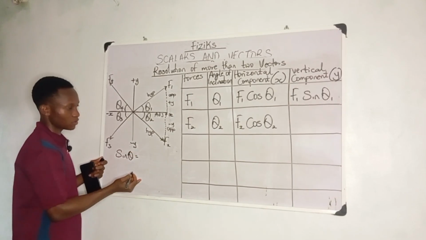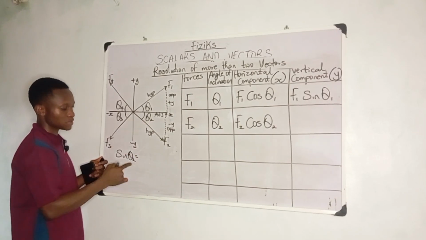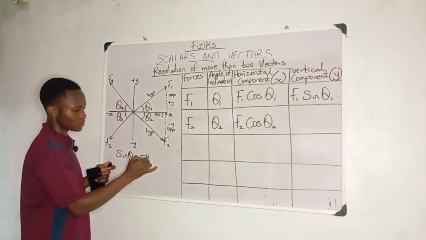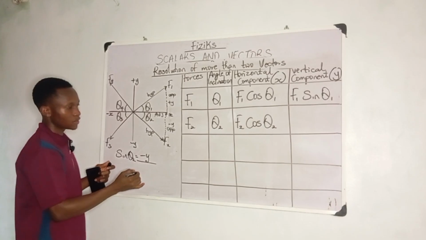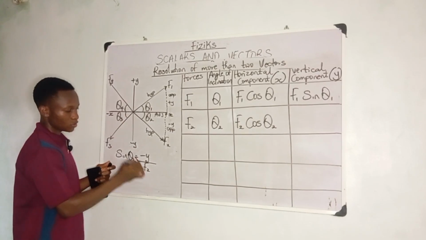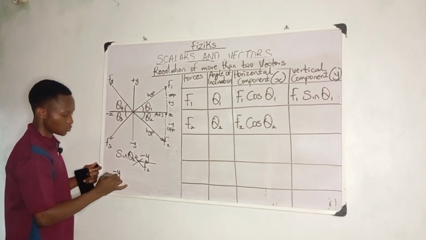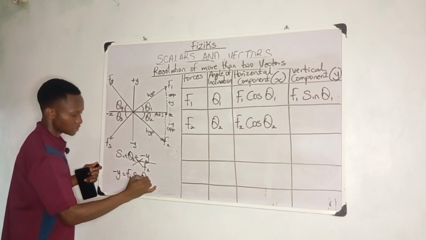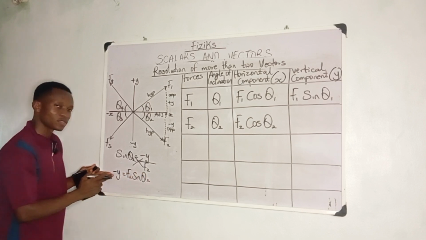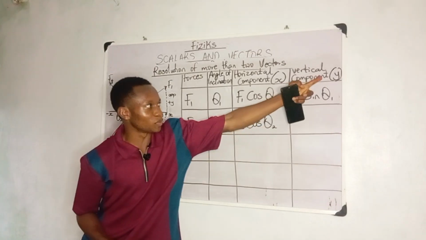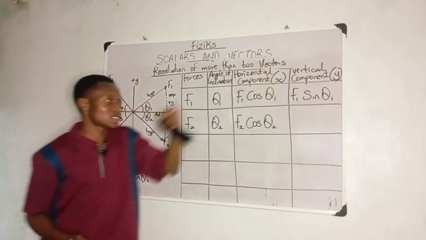Sine theta 2 is equal to, opposite is minus y over, what is the hypotenuse, everybody? That's going to be f2. When you cross multiply, you have minus y is equal to f2 sine theta 2. But mind you, this is minus y. What I'm looking for is the vertical component y.